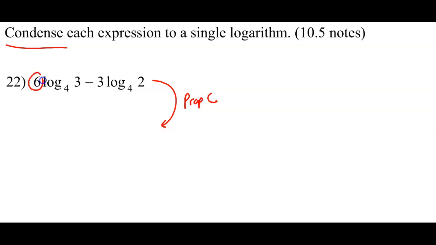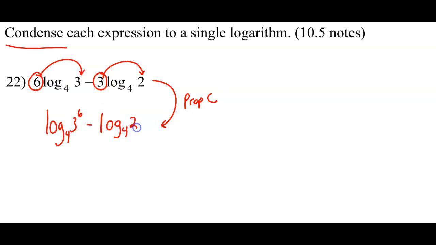Property C is the property where you take the number that is in front of the log and you make it a power of the number that is in the log. So that would be log base 4 of 3 to the 6th minus log base 4 of 2 to the 3rd.